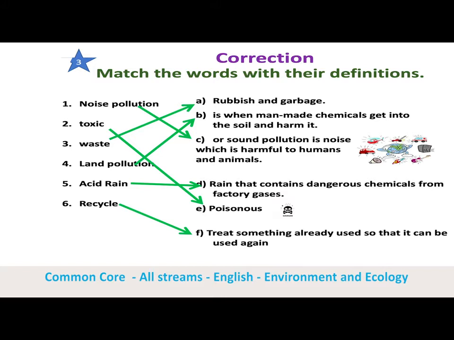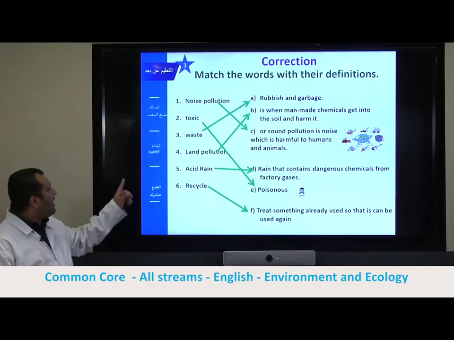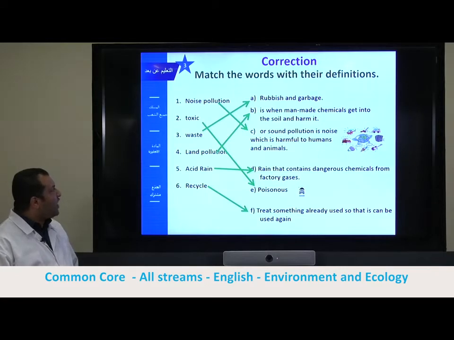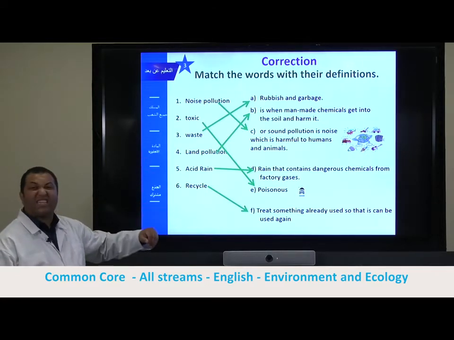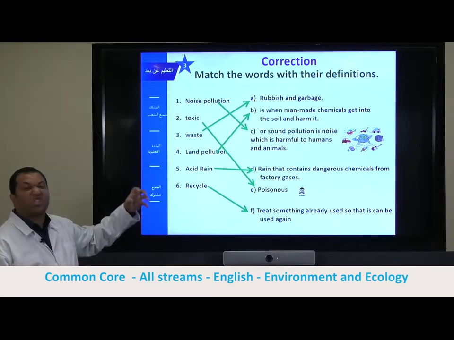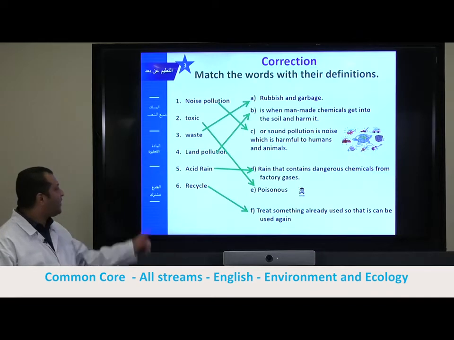Waste, we can say waste, rubbish or garbage, things that can't be used anymore and we throw in a waste basket at home, for example. And land pollution, we are talking about when man-made chemicals get into the soil and harm it.